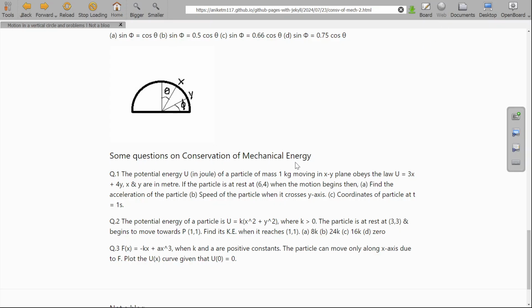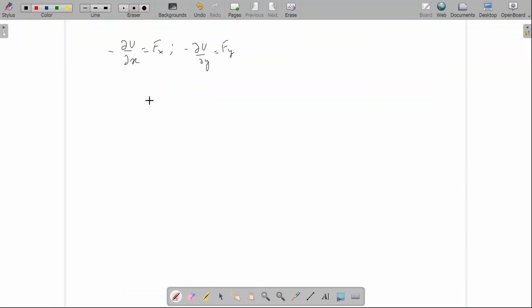So the potential energy of the particle is 3x + 4y. Differentiating it with respect to x, we would get Fx equal to minus 3 newtons. And similarly, Fy would be minus 4 newtons. The particle is of mass 1 kg, so these are the accelerations also, minus 3 and minus 4 meter per second square.